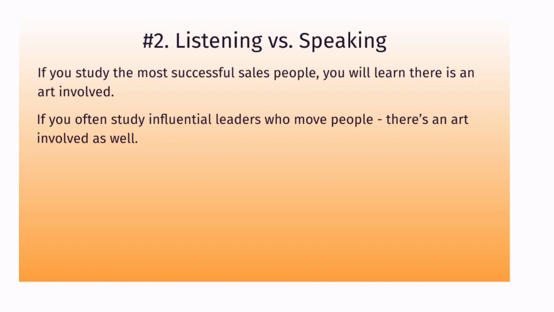One type of leader uses their authority to move people around. They're very bossy. But then you have the other type of leader who gains trust from people, and people are willing to move because they trust that leader, and they're using their influence rather than their authority. That's the type of leader that we're talking about here.